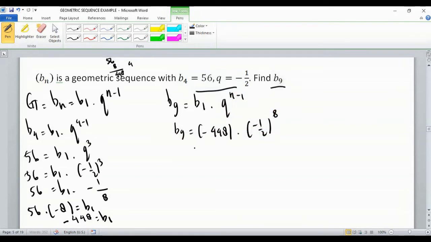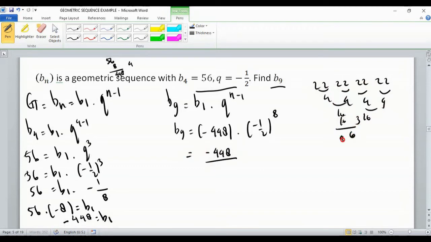Okay, so from here, minus 448 over 2 power 8. 2 times 2 is 4, 4 times 4 is 16, 16 times 16 is 256. So minus 448 over 256. We can simplify this to be minus 7 over 4.